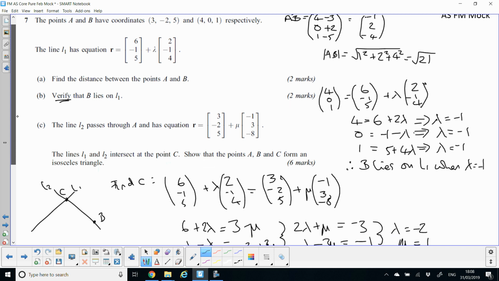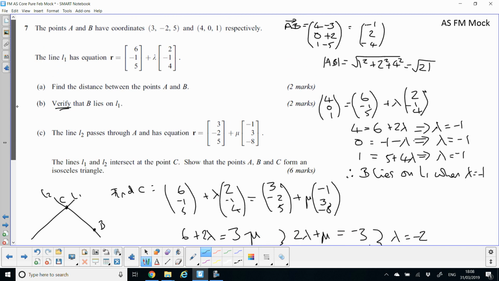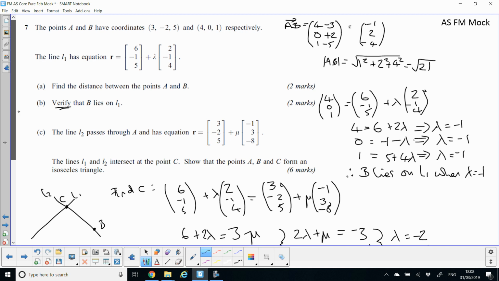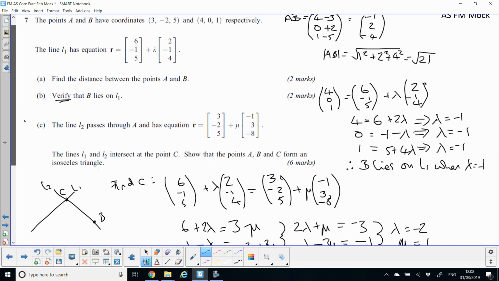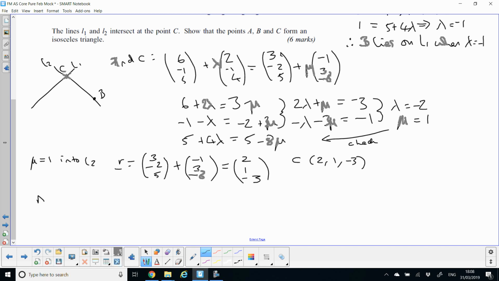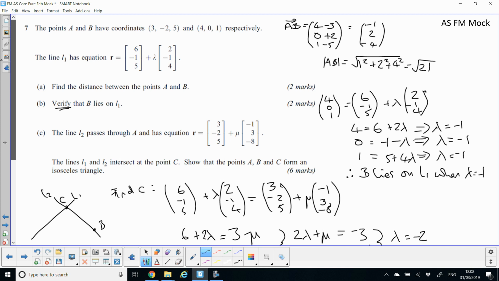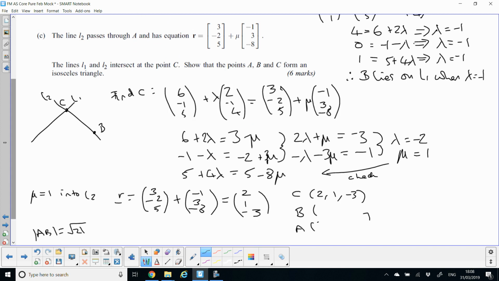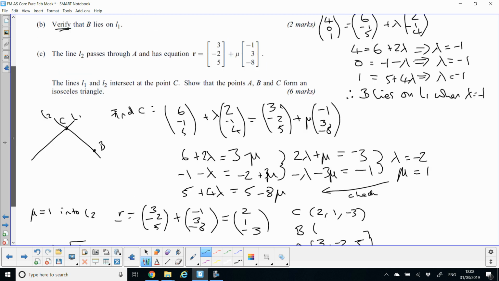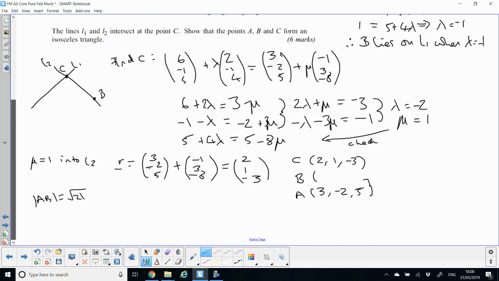So we know that AB is root 21. Now you know C, and we've got B and A from earlier: A is 3, 5, and B is 4, 0, 1.